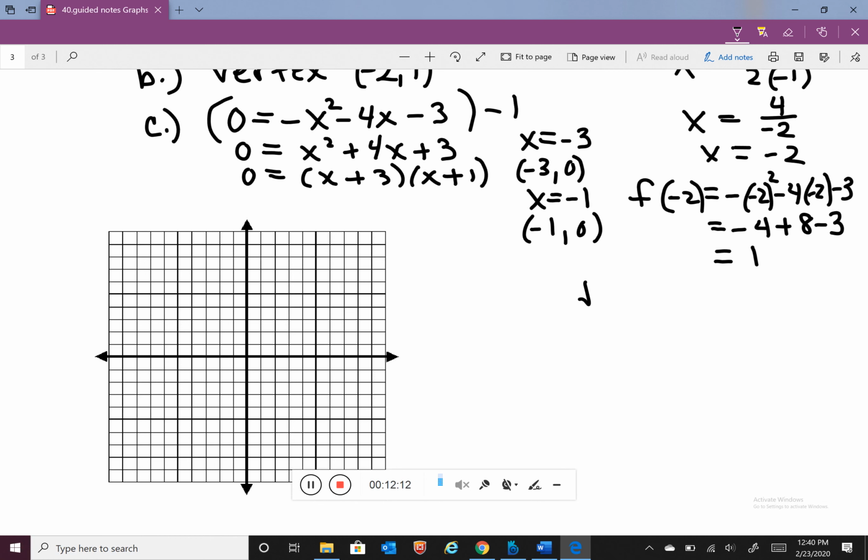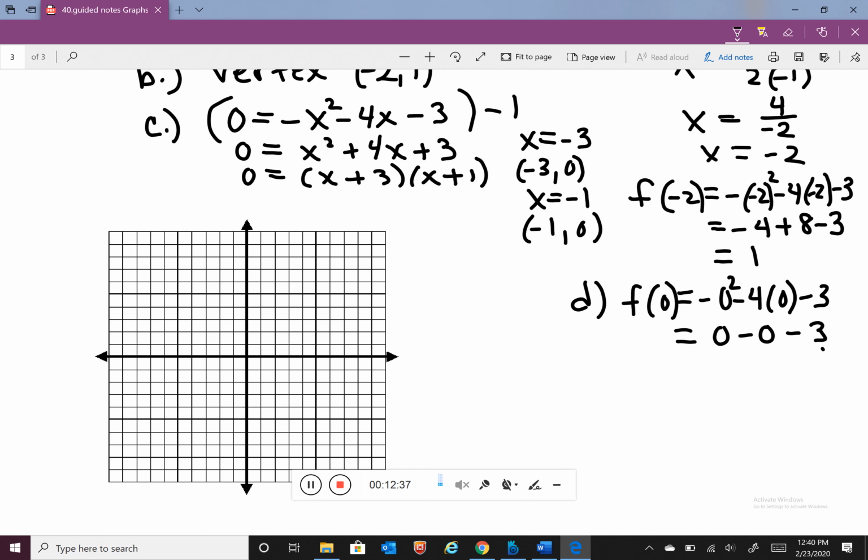Finding our y-intercept, we want to let x be 0, so f of 0 is equal to the negative of 0 squared minus 4 times 0 minus 3. 0 squared is 0. The negative of 0 is still 0. 4 times 0 is 0.